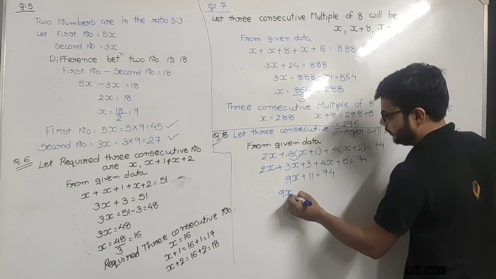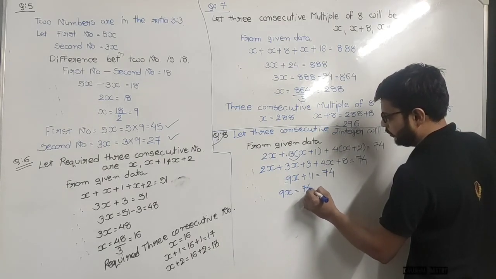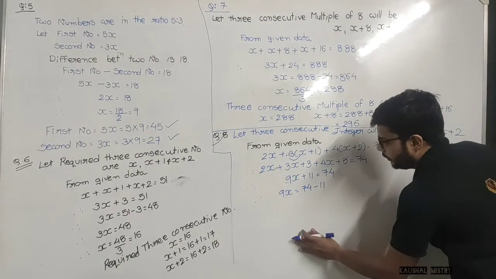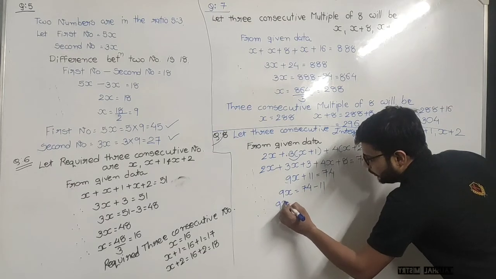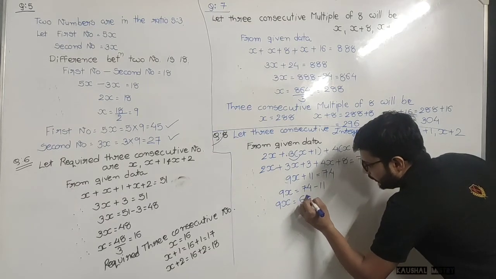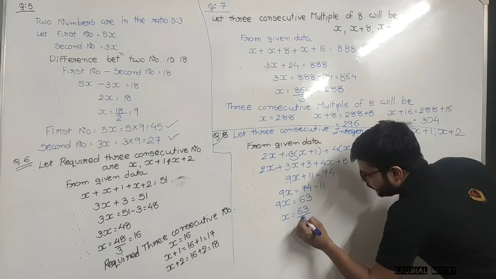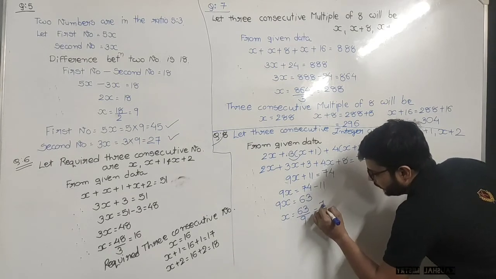Therefore 9x is equal to 74 minus 11, so 9x is equal to 63. So x is equal to 63 by 9, so it is 7.